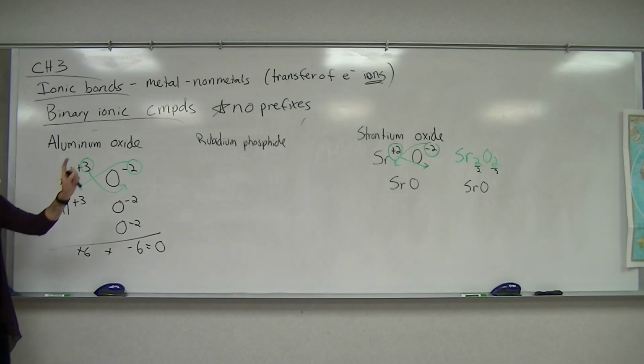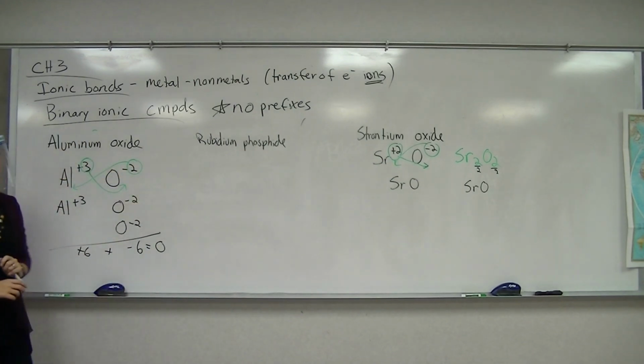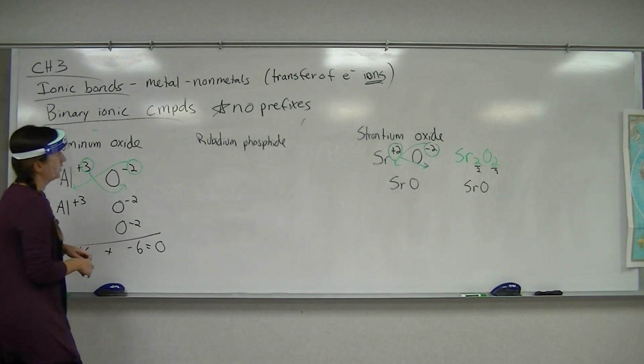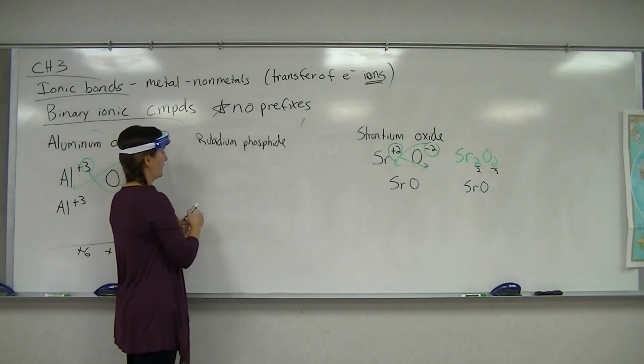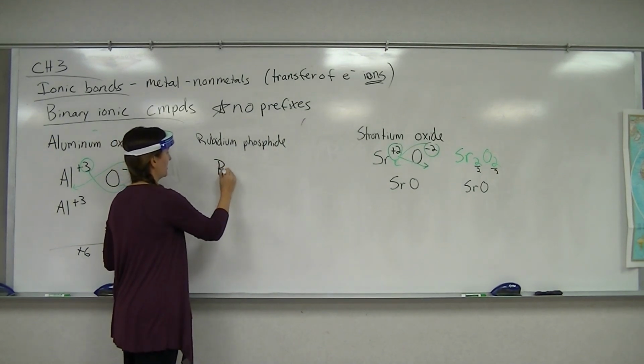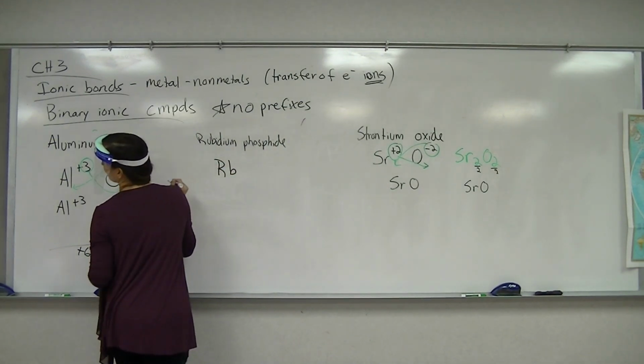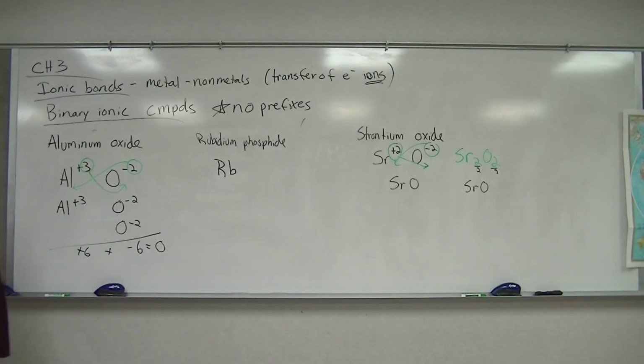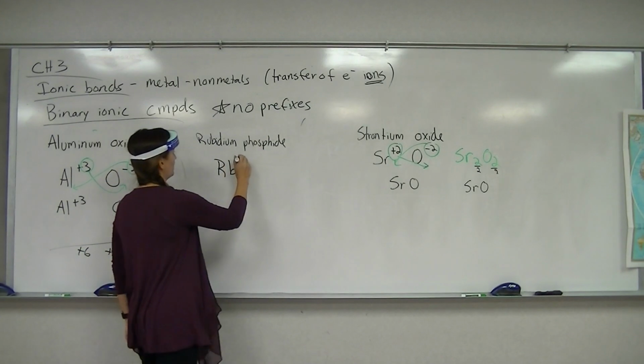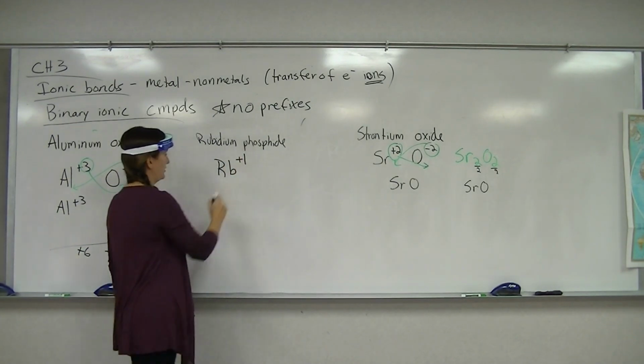All right, so that was a random aside, so let's do this last example that I have up here. So rubidium phosphide. So cation comes first, the metal comes first. Rubidium is Rb, is that right? Yes. It is an alkali metal, number 37 on the periodic table, so it forms a +1.